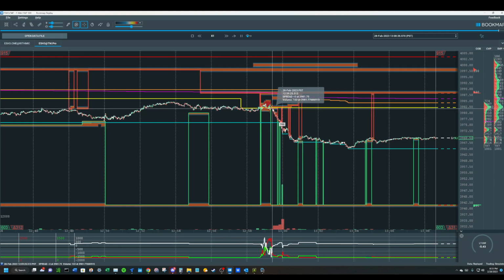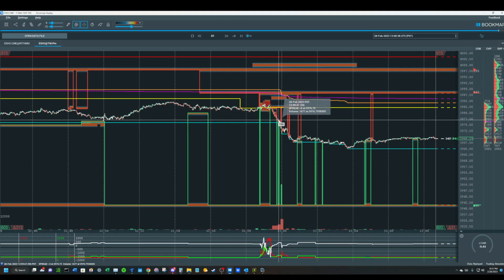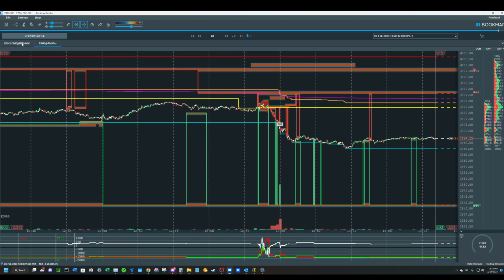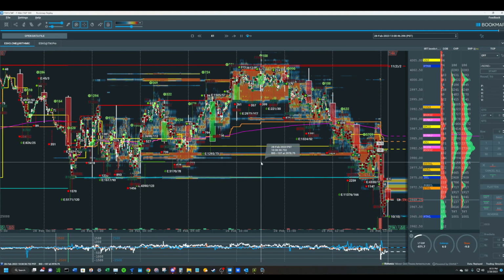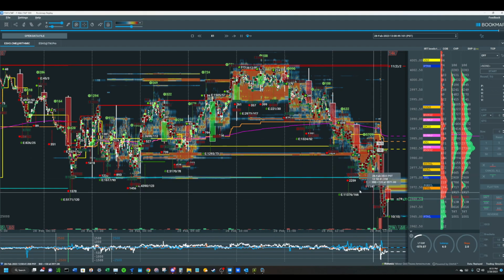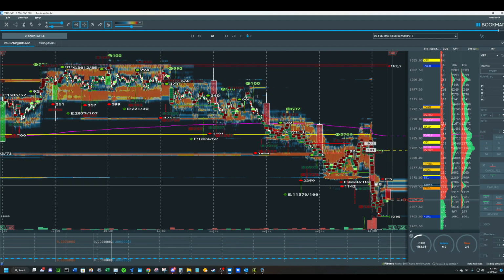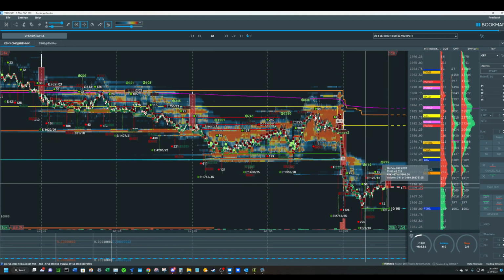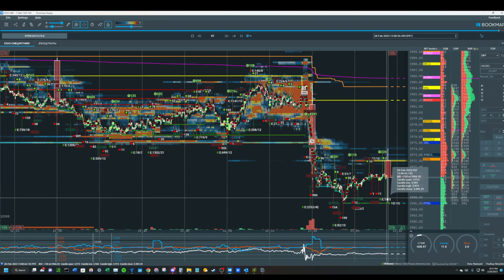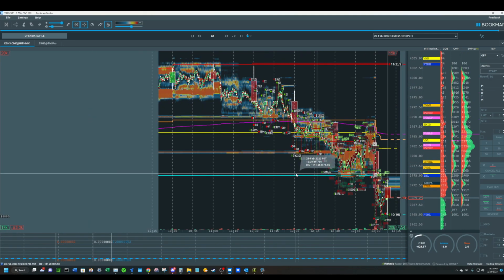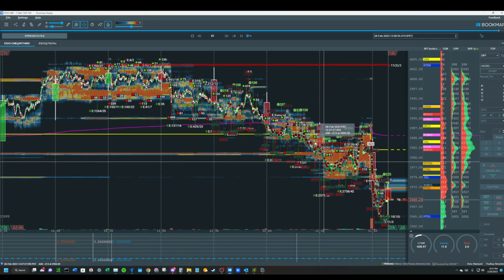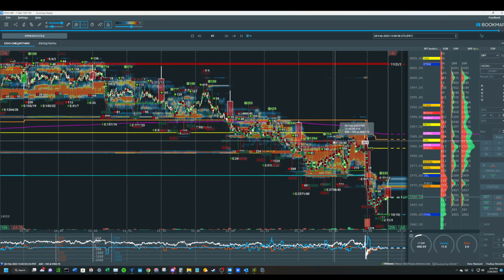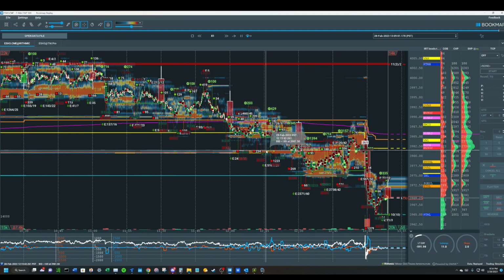Sellers, so all this seller activity is pushing it down. I'm trying to point out, see, like this was a tough one for me today. I was just like, oh man, what is going on? It's like mean reversion most of the day.